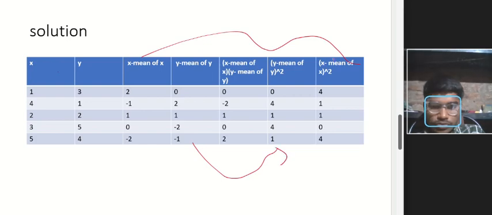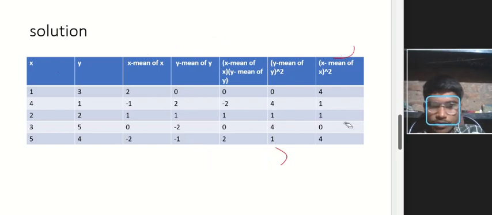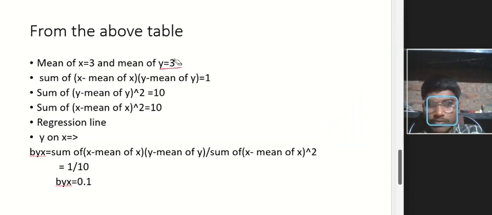Okay, students, we are getting the product of these two, and we are squaring these values as follows. After tabulating the data, note down each and every value from the above table.